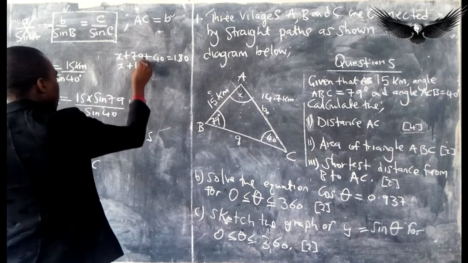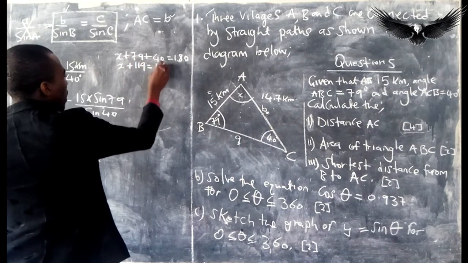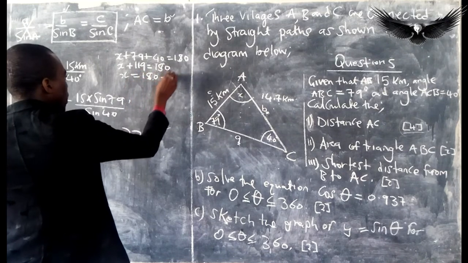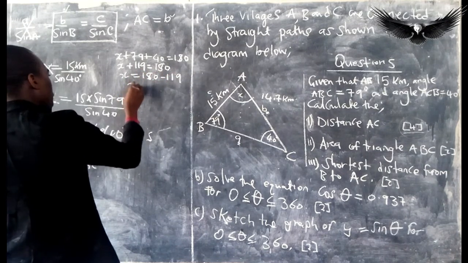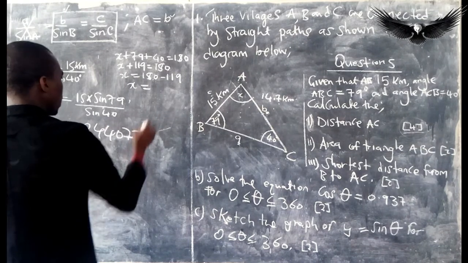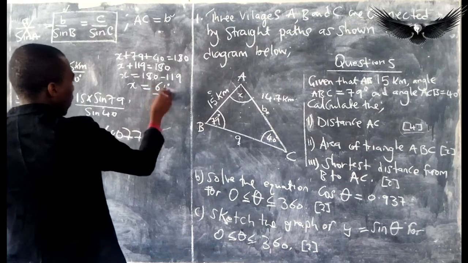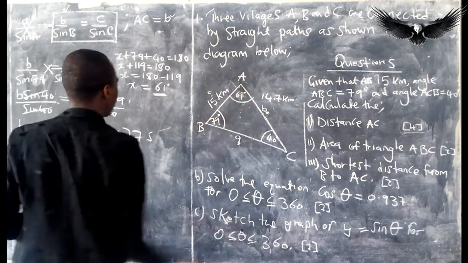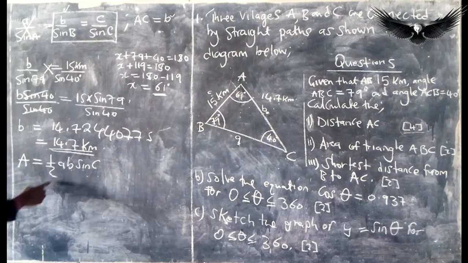So x plus 119 is equal to 180. So x is equal to 180 minus 119, which is giving us 61 degrees. So this angle here is finally 61 degrees.